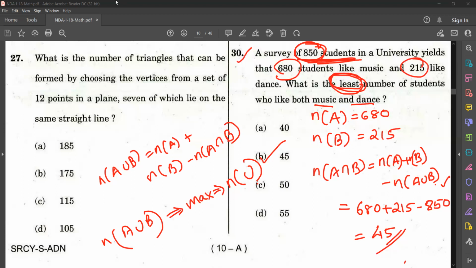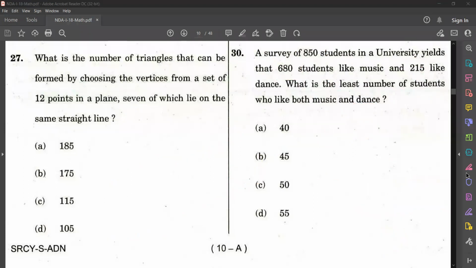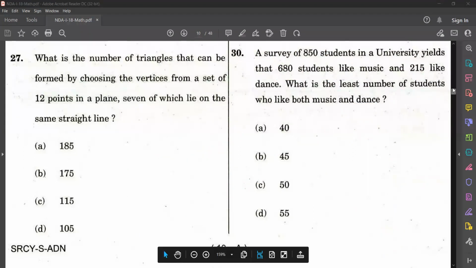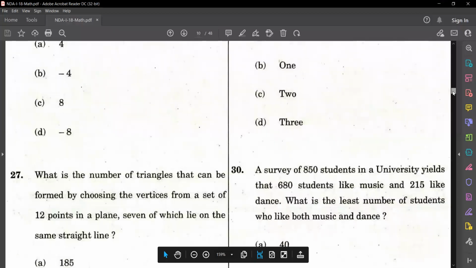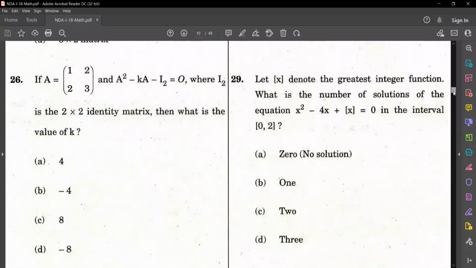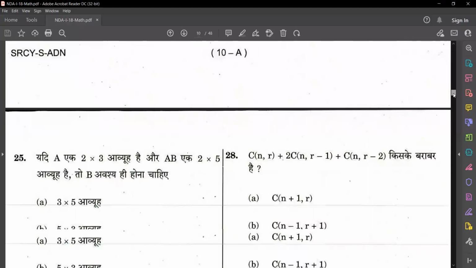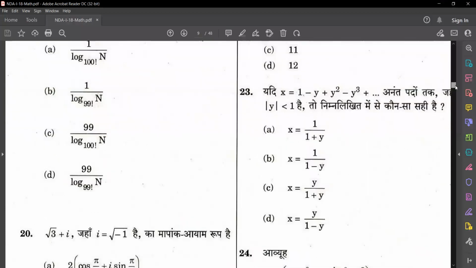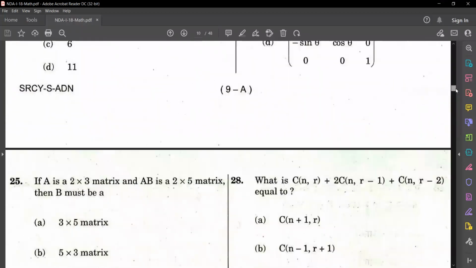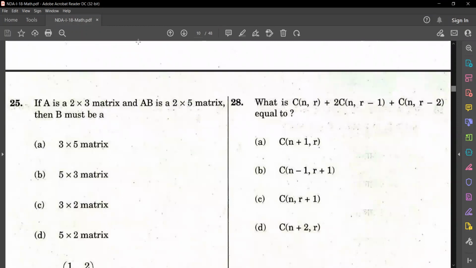Now see the question number 28 we haven't seen. Question number 28 that we'll see now. Okay. Question number 28.